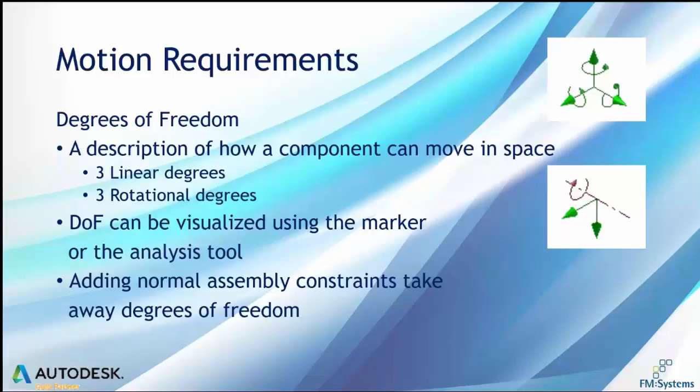Now, these markers you can enable on a part level, on an assembly level, or on a higher-end assembly level with multiple sub-assemblies, to see how all of the components together can move within the main assembly. Okay, and this is just something that you can view. It's not something you can specifically use or click on, but when you start applying constraints, these will immediately start limiting themselves with the degrees that you remove.